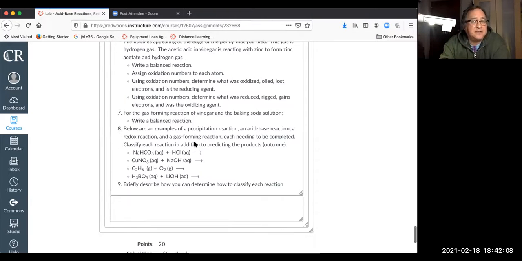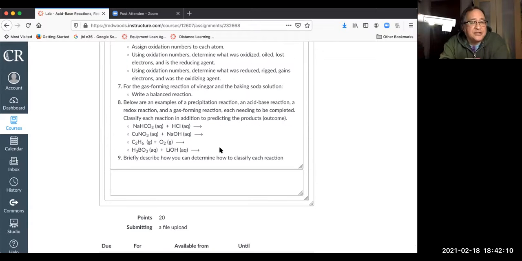In number 8, you have these 4 reactions, and I tell you, one is a precipitation reaction. So that was from the last lab we did. One of them is an acid-base reaction, one's a gas forming reaction, and one is a redox reaction. So you're supposed to complete these reactions, come up with the products, and balance them.